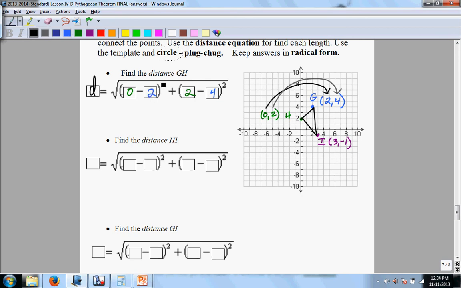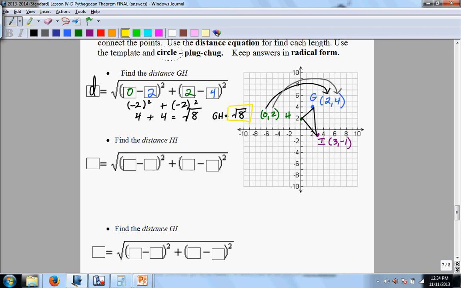Let's work this out. 0 minus 2 squared, that's going to be negative 2 squared plus 2 minus 4 gives us negative 2 again squared. Negative 2 times negative 2 is 4. This is still 4. We have the square root of 8. So the distance of G to H is going to be the square root of 8. Leave that in radical form.